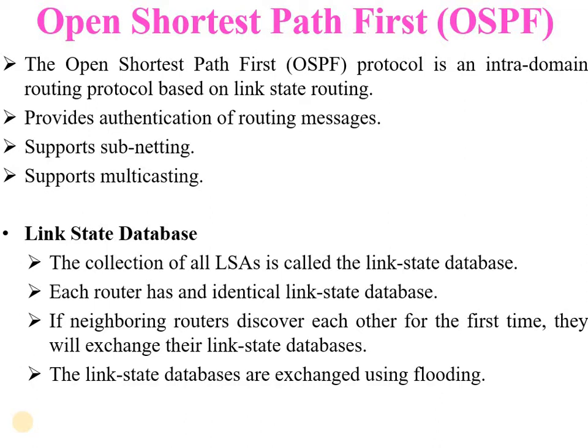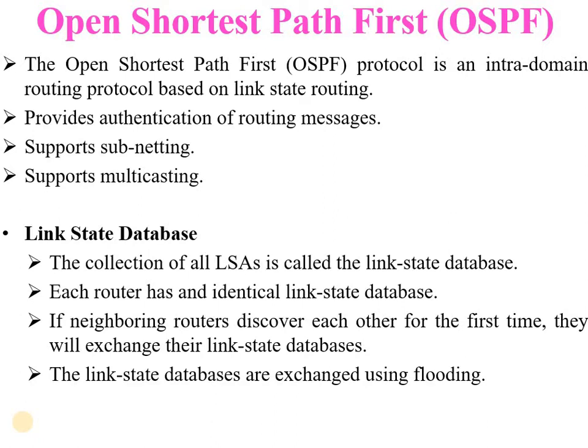Now, what is a link state database? The collection of all the link state information is called the link state database. In our previous lecture, we created a link table in which the information about the neighbors of that router, the distance, and the sequence numbers is stored. That table is called the link state database.